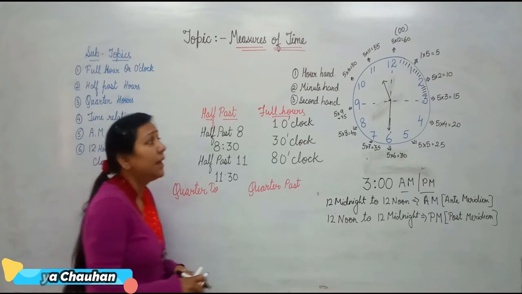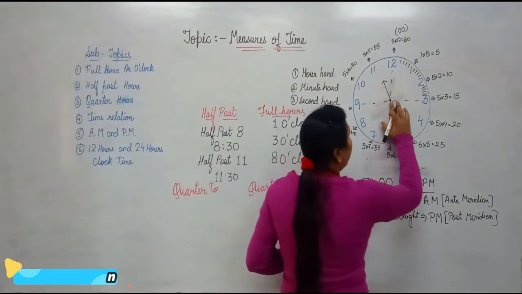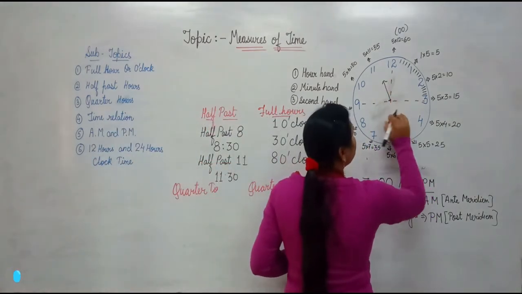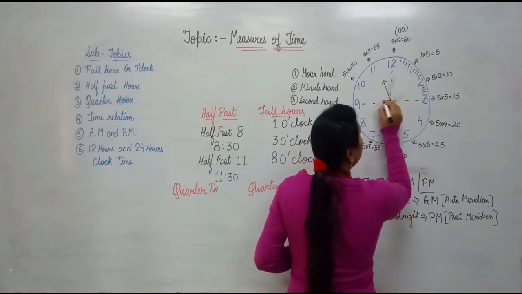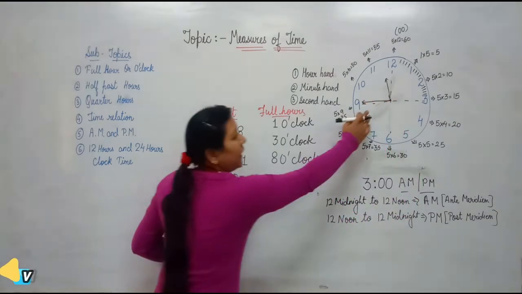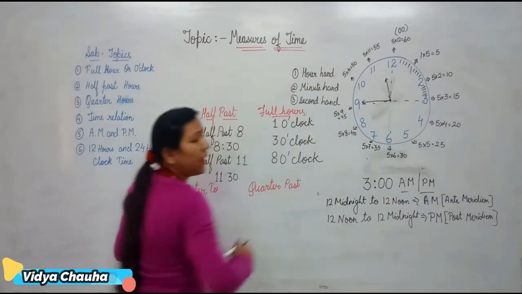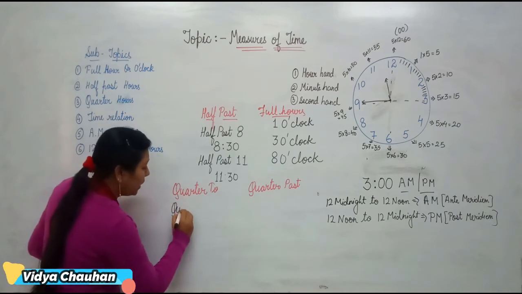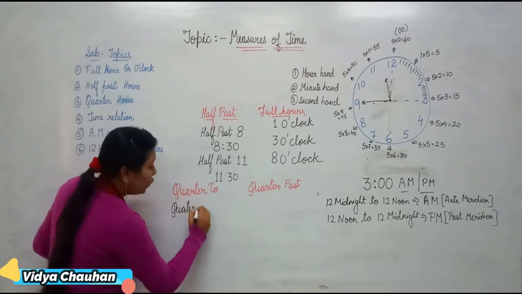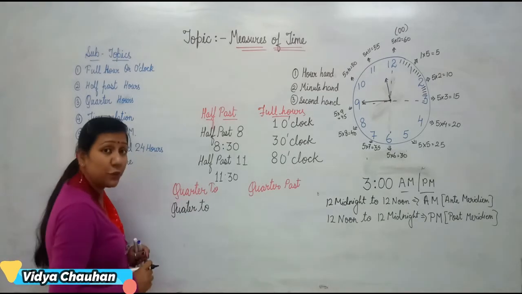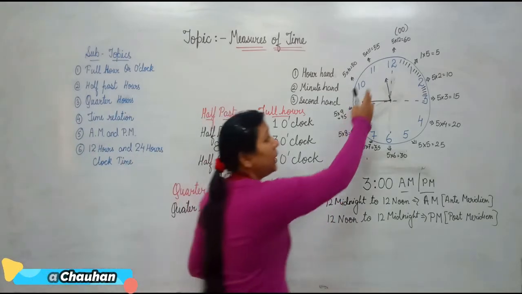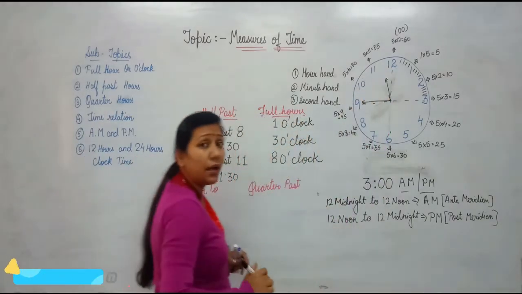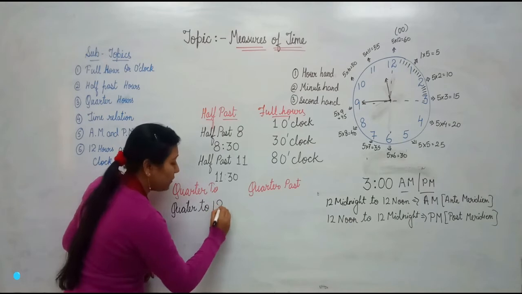Quarter to means if your minute hand is at 9 and your hour hand is just reaching 12, then you will say quarter to, and which value? The next value where your hour hand is reaching, that is 12.